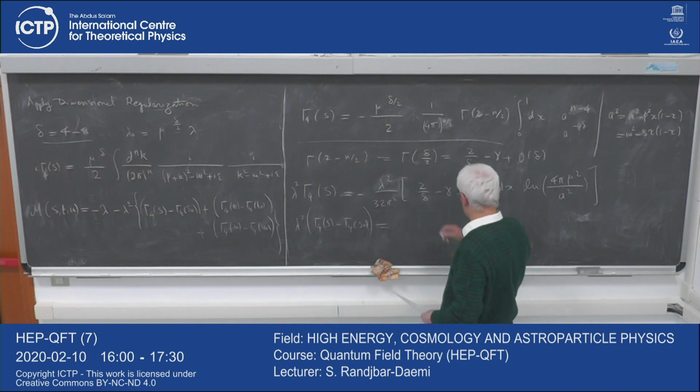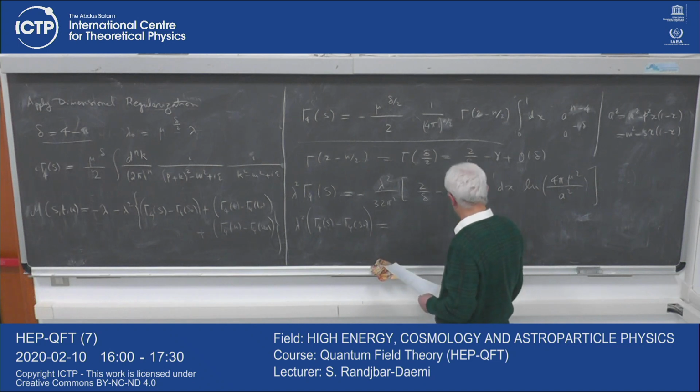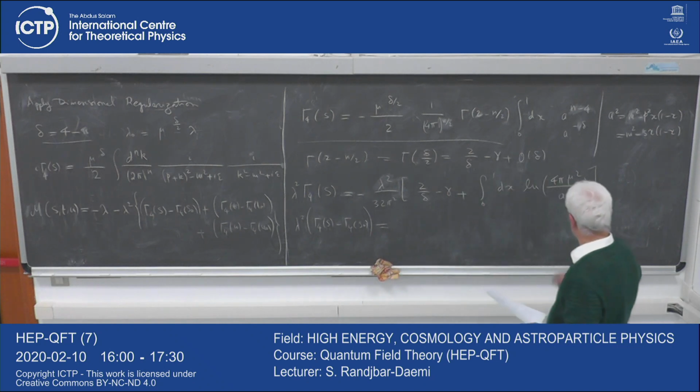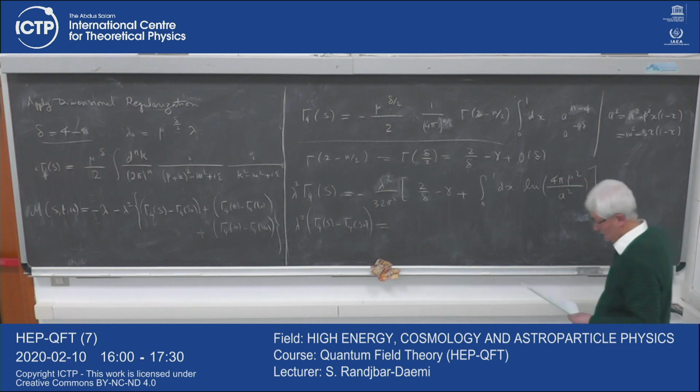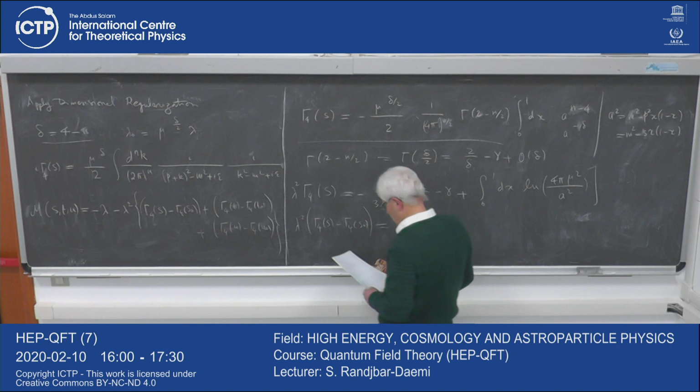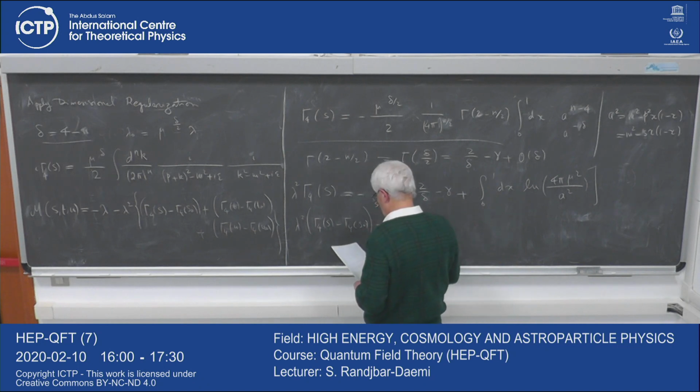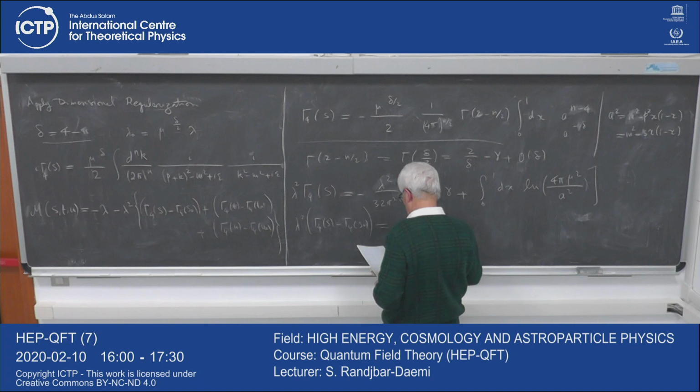In fact this constant piece also will cancel out, and the only thing we should be left with is this term. And you see that then all this quantity here will disappear, and what is left is the overall constant, the coupling constant, divided by 32 pi squared.